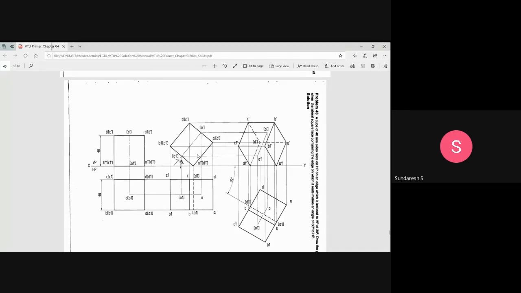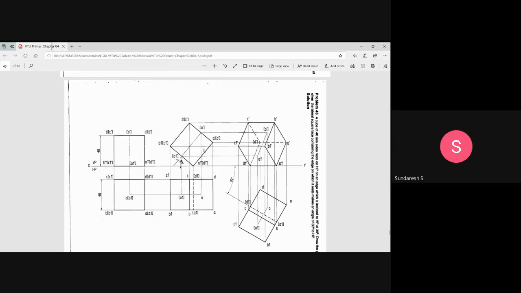So for that, what are you going to do? First mark a point on the XY line as A1 dash and D1 dash. Draw a line at 50 degrees, measured from the XY line in the anti-clockwise direction. On that line, mark A dash, D dash, D1 dash and A1 dash, with a length of exactly 40 millimeters.